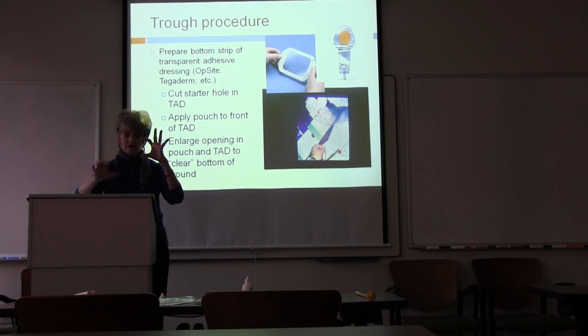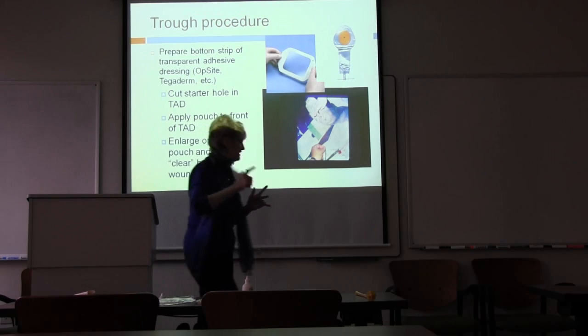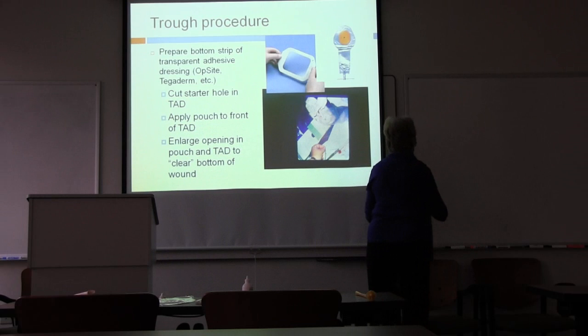And your goal is that the opening in that drape pouch combination should be wider than the base of the wound. So let's see if I can show you that. If this is the base of the wound, when I'm cutting the hole in my oxide pouch combination, it's got to be larger than the base of the wound, okay?